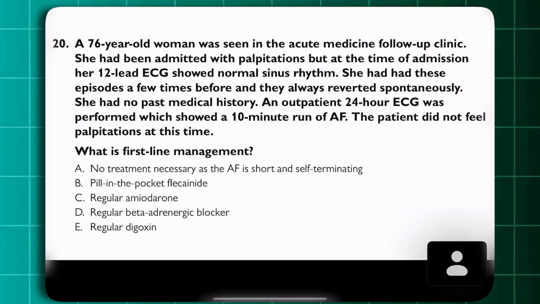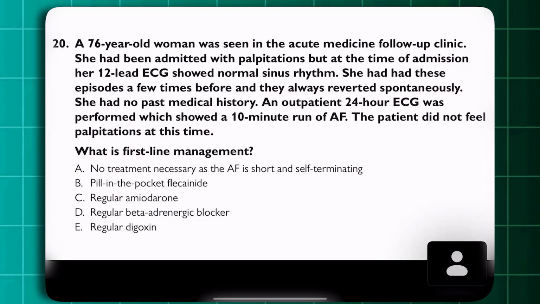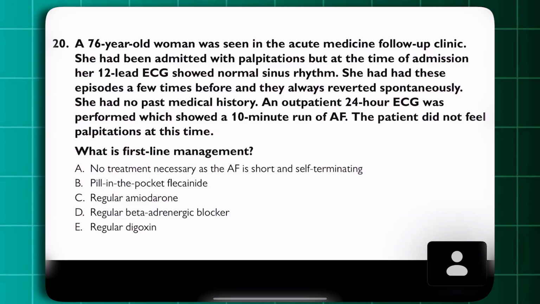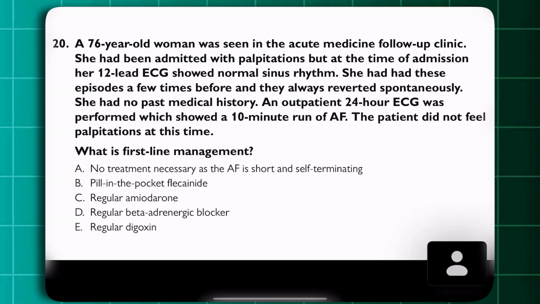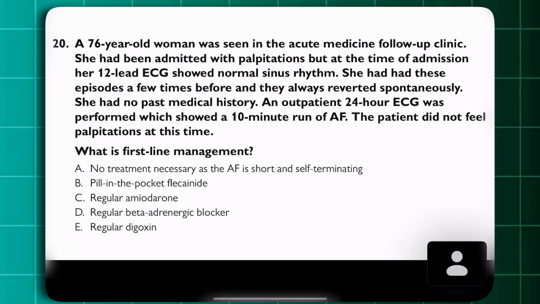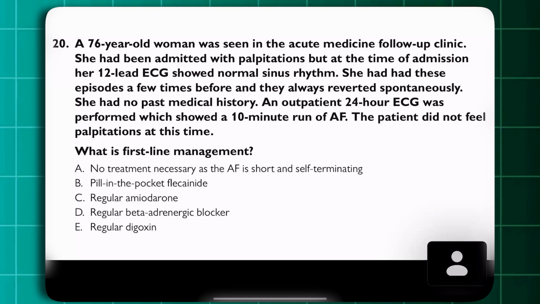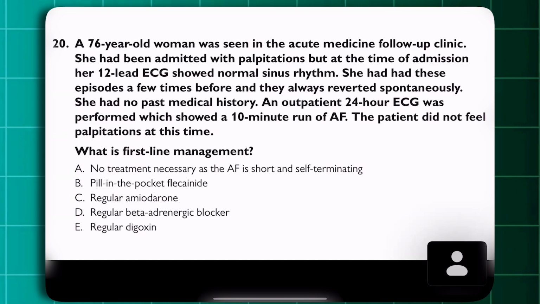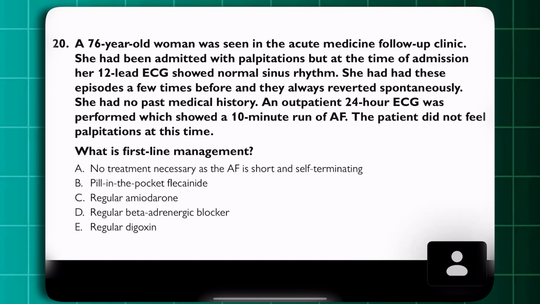As we know, in a 76-year-old woman, the first-line management will be rate control versus rhythm control. Here the patient does not have chronic AF, unlike persistent AF, so rhythm control is not the question here. The main goal is rate control. So we have to go for a rate-controlling drug, which first line is either a beta blocker or a calcium channel blocker.